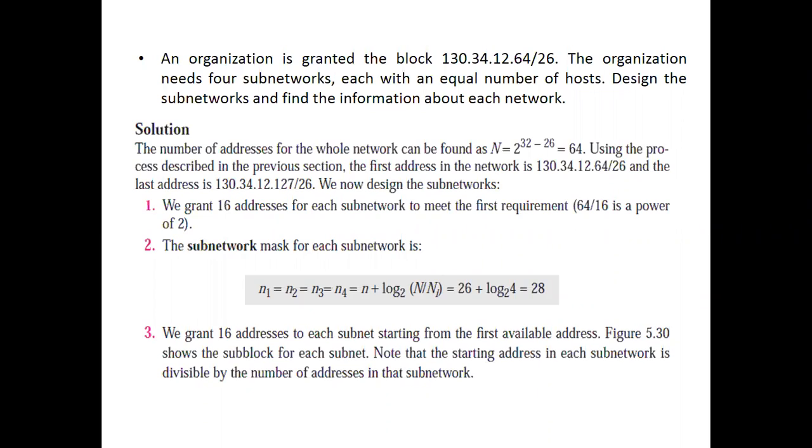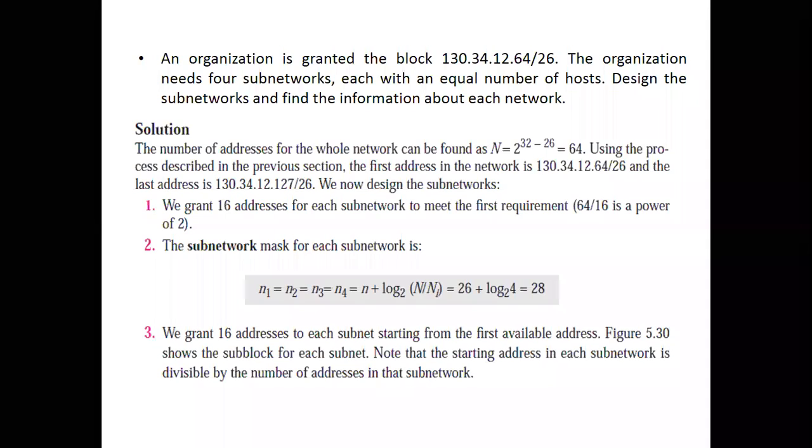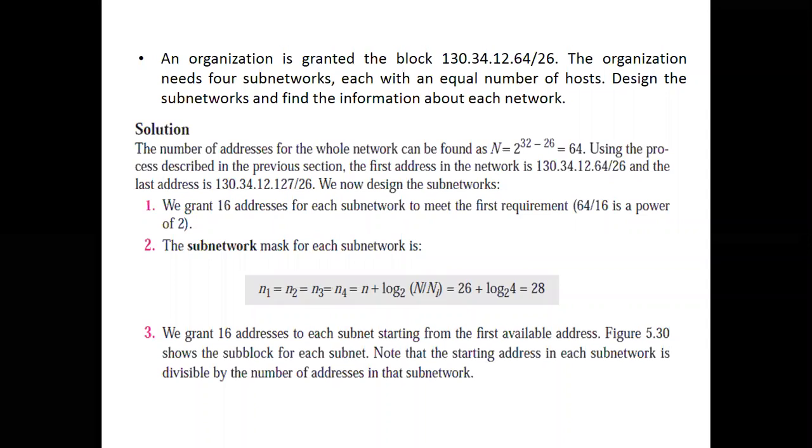The organization needs 4 subnetworks, each with an equal number of hosts. Design the subnetwork and find the information about each network. With this specification, you will have to calculate the specific number of machines in the subnet and its IP setup in the network design.